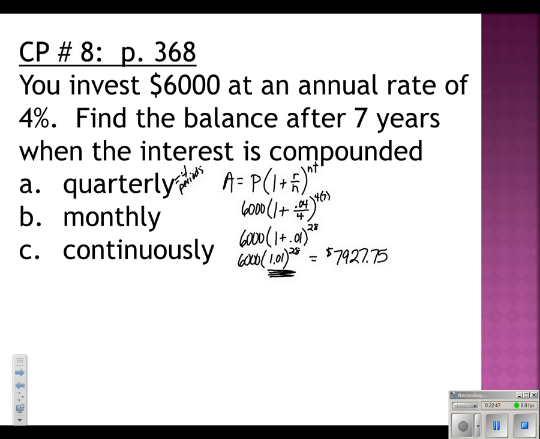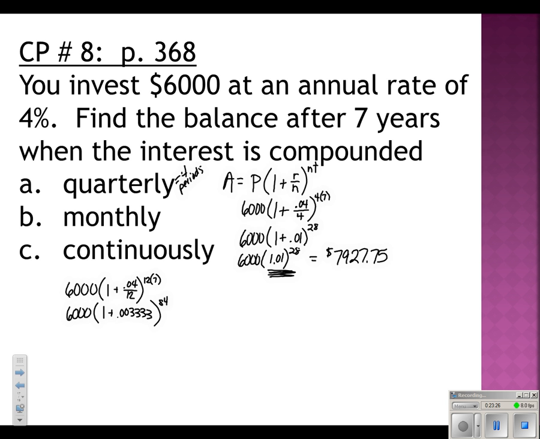Letter B has us do the same thing except for monthly. So that's going to change it a tad bit. Instead of 1 plus 0.04 over 4, now we have it over 12. And we would also have 12 times 7 as our power. So 6,000 times 1 plus, in this one, it doesn't come out even, it's a repeater. You don't want to chop that off too soon, or it's going to take out your answer.